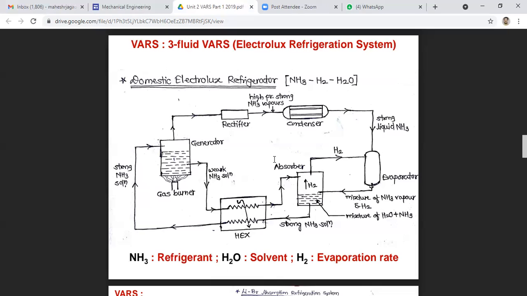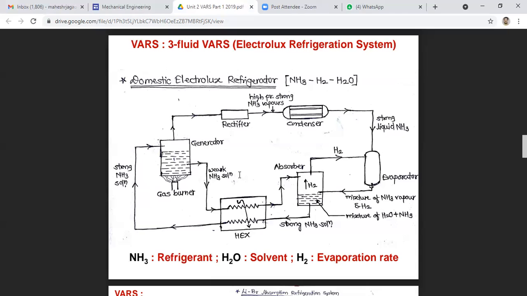And the Electrolux refrigerator is used as a domestic refrigerator, and this type of refrigerator is also called the three fluid refrigerator, because we are using three fluids, that is ammonia, hydrogen and water. The main purpose of this system is to eliminate the pump. So in the absence of moving parts, the machine becomes noiseless.